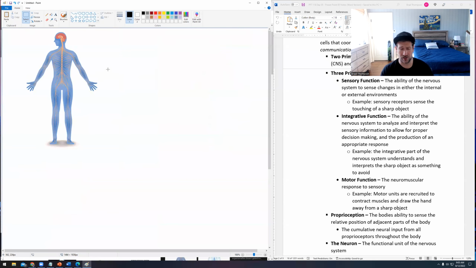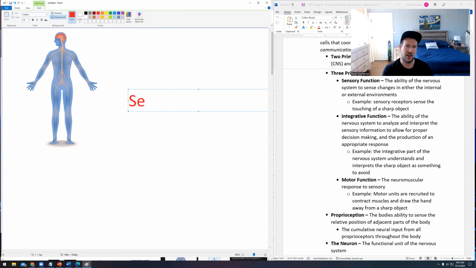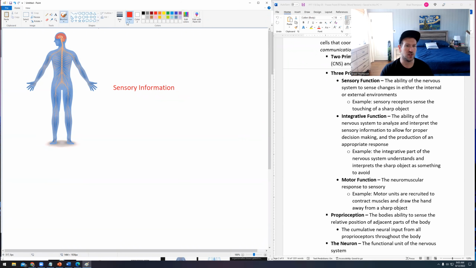Okay, so if we look at this, again, we've got sensory information, right? So, let's say that happens, we experience that here at the hand, right? So that sensory information is going to travel up, and it's going to go to the nervous system here, and it's going to travel up to the brain.